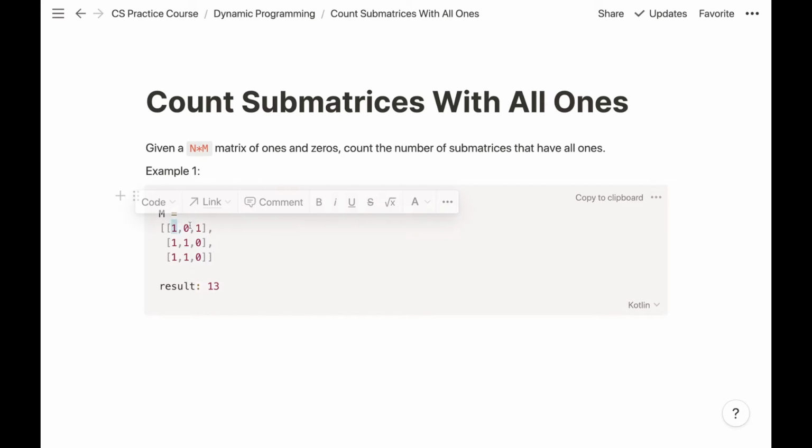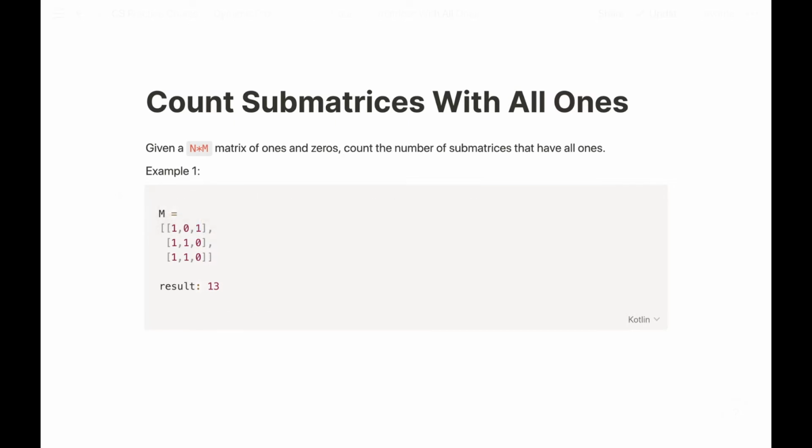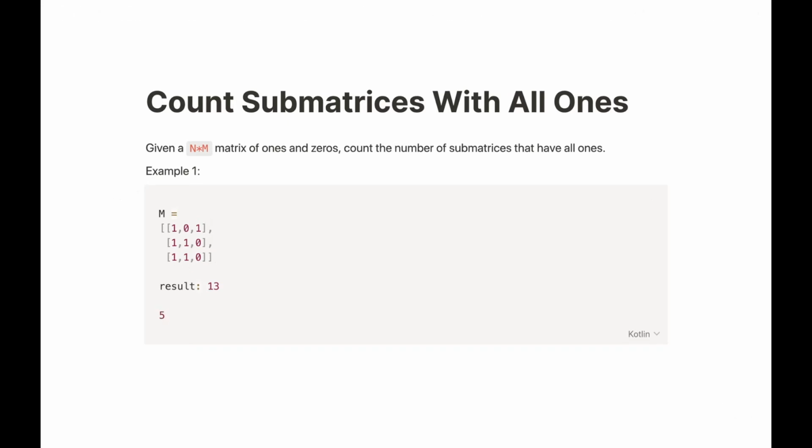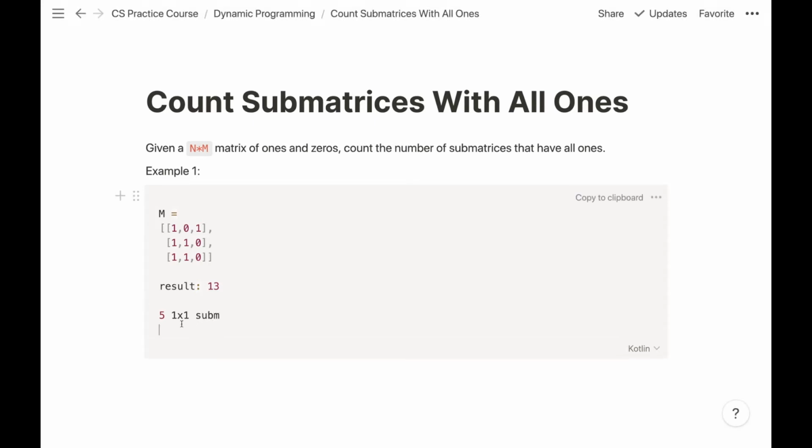Well, a single element is considered a submatrix of size 1, but we should count it. Just for this example, we have 1, 2, 3, 4, 5, so 5 1 by 1 submatrices. Then we have 2 dimensions.